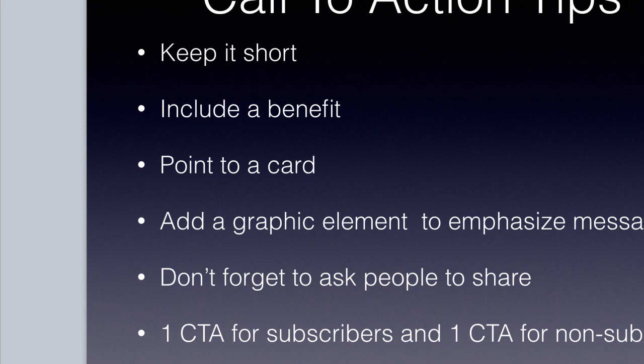Okay, I also want to show you some graphic elements. I don't know if this is going to work, but let me give you some idea of graphic elements that you can use in your videos. I'm going to go through a few of these if I can find them.